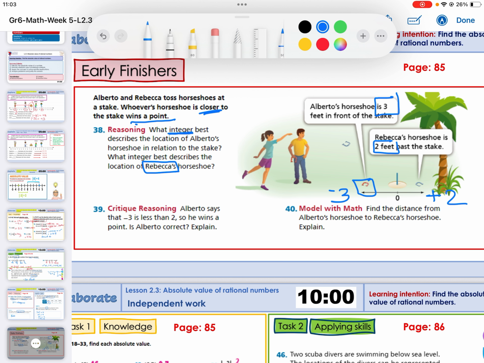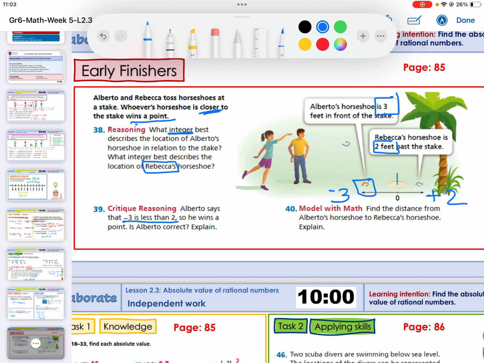Next, Alberto says that negative 3 is less than 2, so he wins a point. This is the reason now it's going to tell you why Kate won the game. He's saying because negative 3 is less than 2, that means he wins a point.